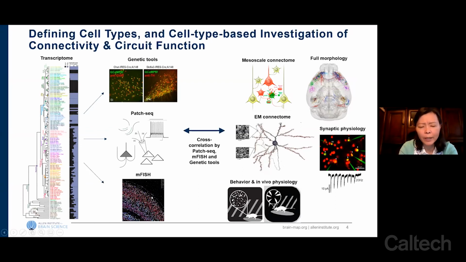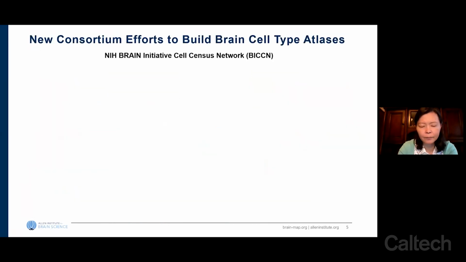And then finally, we have also established a spatial transcriptomics, or multiplexed FISH, platform to not only understand the spatial distribution and relative proportions of the different molecular types, but also to use it as a post hoc method following our in vivo or in vitro connectional or functional studies to decode the molecular identities of the cells that we have investigated in those connectional and functional studies.